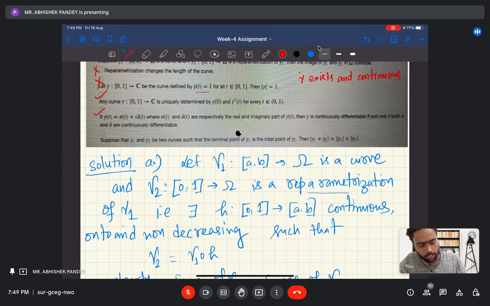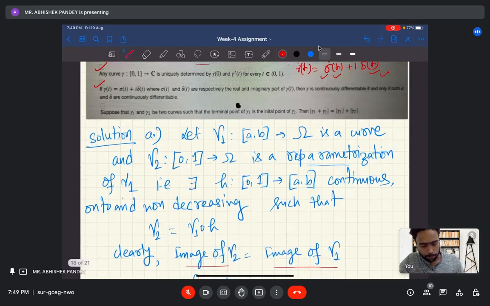Gamma dash t is nothing but the real part derivative plus i times delta dot t. So gamma dash t exists if and only if this exists, and gamma dot t is continuous if and only if this is continuous and this is continuous. So this option is also true.